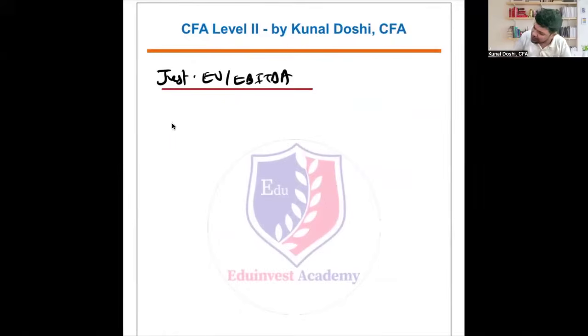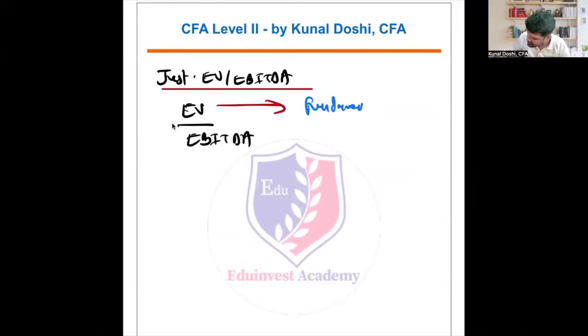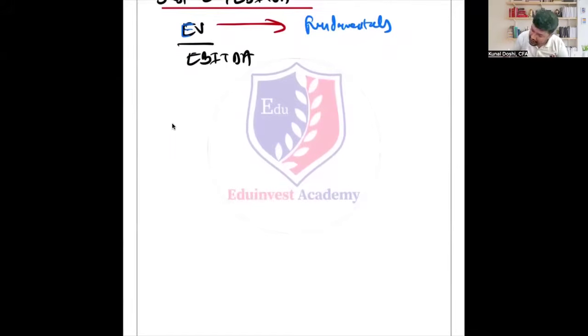Remember, in justified EV/EBITDA, you are simply going to take EV over EBITDA, where the EV is based on fundamentals and EBITDA is also forecasted, right? Fundamentals means the value of the equity there is based on the Gordon's growth. No need to memorize anything here. Justified dividend yield is interesting.